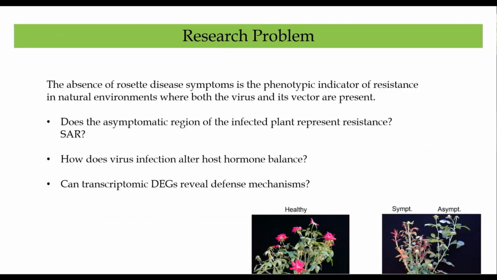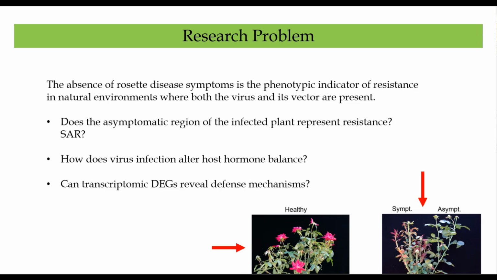So some of the questions that catalyzed our current research are these. Down there you see a healthy plant, which is not infected, and an infected plant. We show two different phenotypes: one side shows symptoms, the other side doesn't.